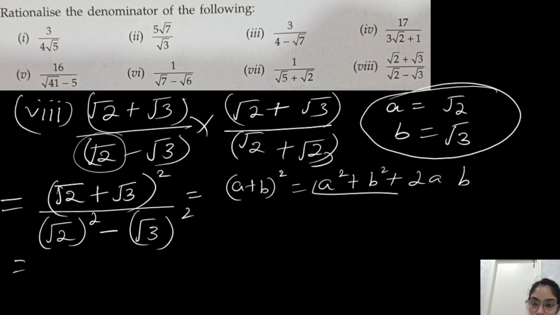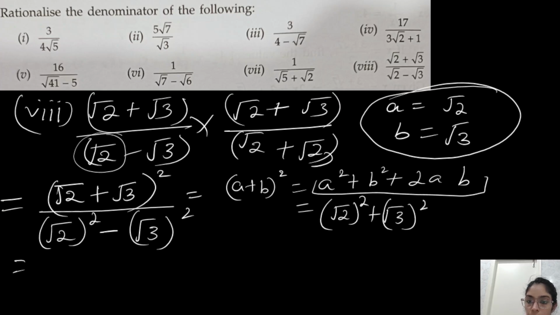So a square, from here you can substitute. A's value is root 2, so root 2 square plus root 3 square plus 2 into root 2 into root 3. I've just substituted like I've shown you in the previous question also.